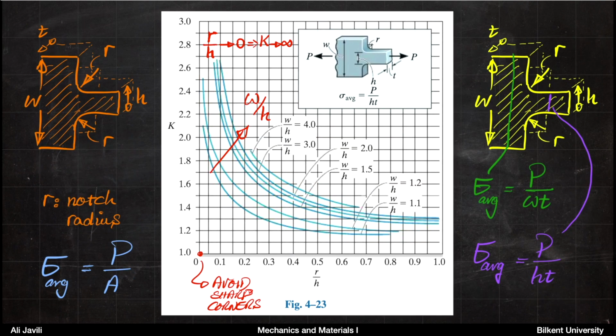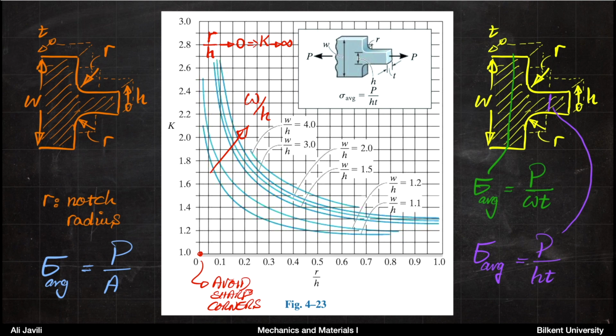Then you can also think about this other geometry, and here if you think that R is this fillet radius sort of, and you have W, this is the width of the larger part, and then H is the width or the height of the smaller part.